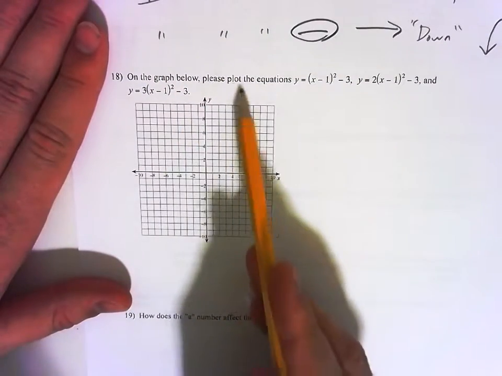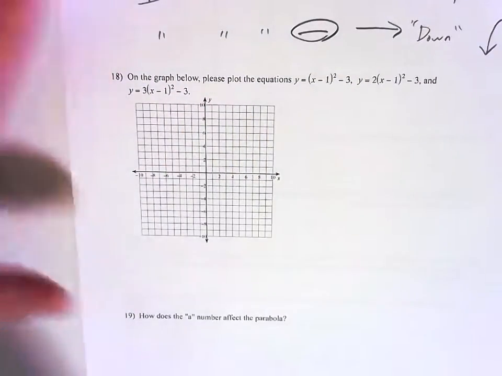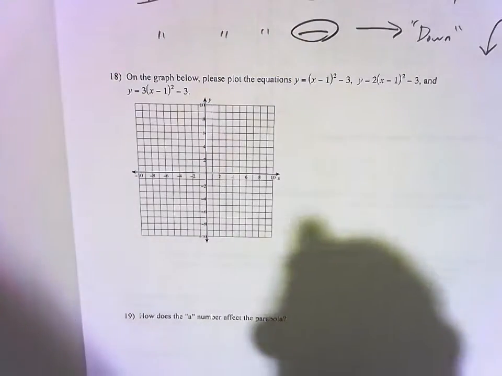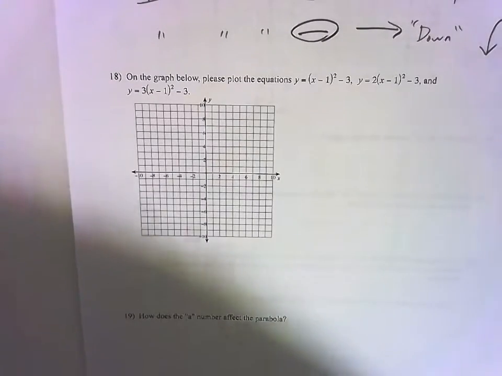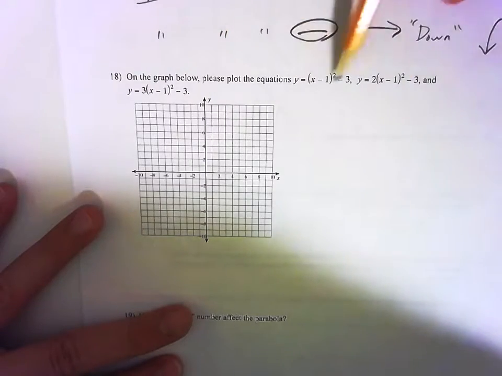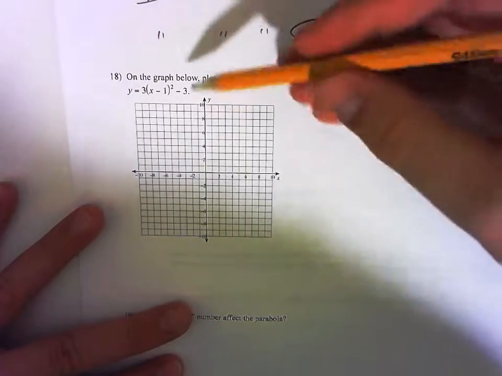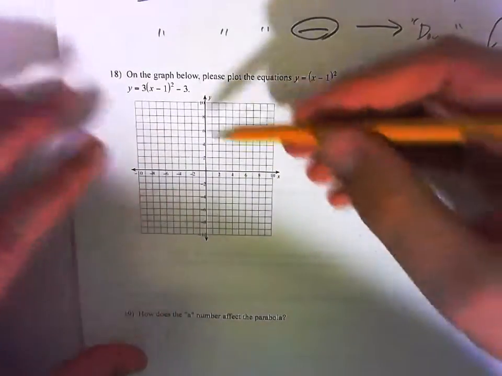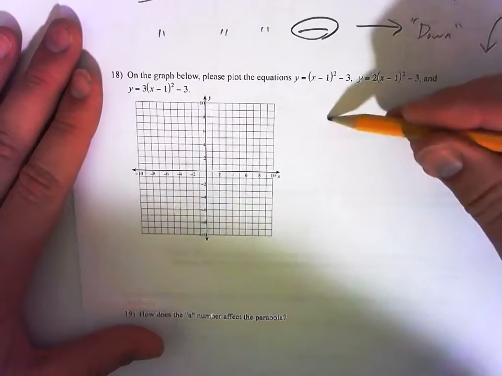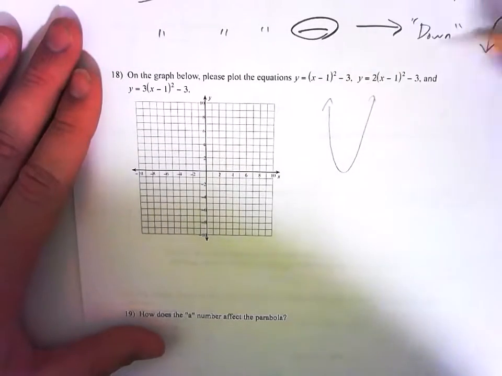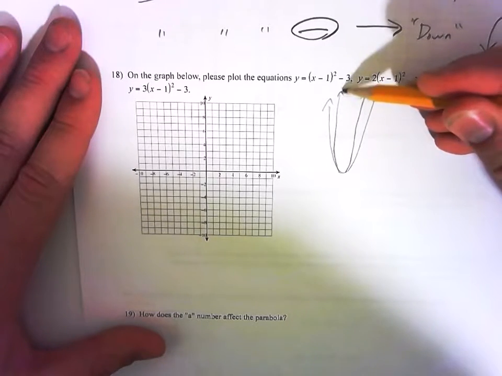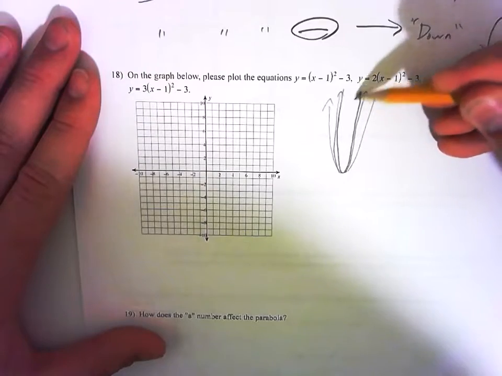On the graph, please plot those three equations. That is just something that you can type in your calculator, all three of those, and the only difference basically is going to be how steep it is. It's going to be going like this, then the next one's going to look more like that, and the next one's going to look even a little more steep.